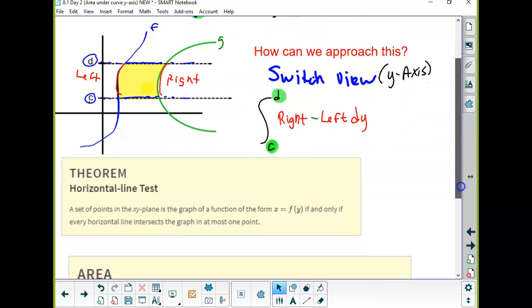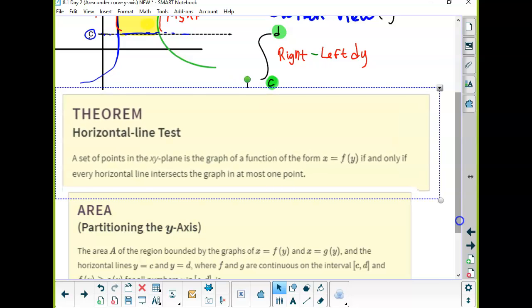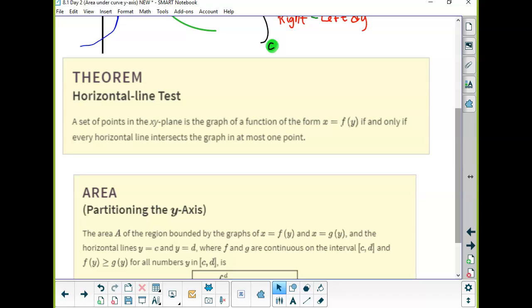Now, you don't have to write that. I just want a quick mention. This is kind of the theory behind it, but don't write this down. There's something called the horizontal line test. We knew the vertical line test told us if a function existed.